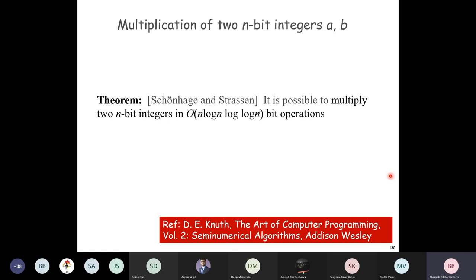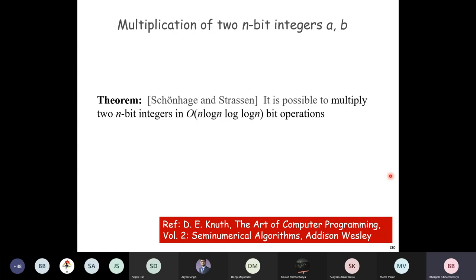So apparently it means that n squared is the lower bound, but it's not so. This is the power of divide and conquer, and the power of using simple algebraic manipulation that reduces the complexity of the recurrence, right? So it's a very interesting algorithm not only in the history of computer hardware, but also in the history of algorithms.